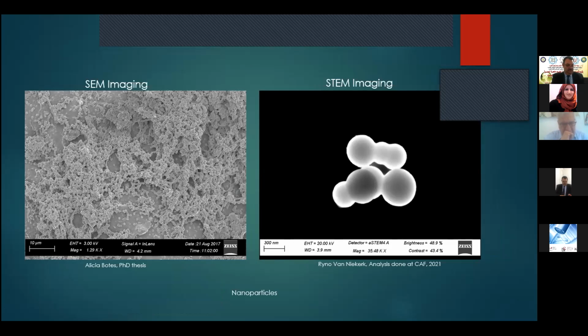So that is the one limitation with scanning electron microscopy compared to scanning transmission electron microscopy. If your samples are extremely small, then you have to unfortunately use STEM if you want a very nicely focused, high resolution, high magnification image.